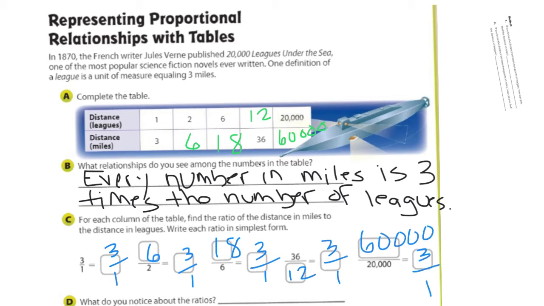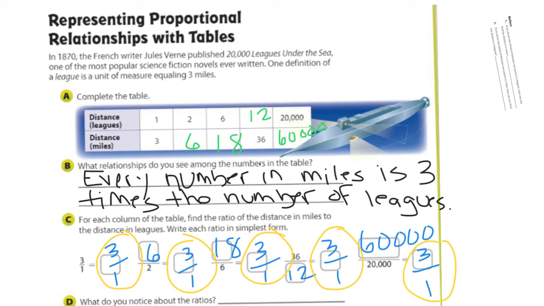Remember, you're writing these as ratios in simplest form. So a ratio compares two numbers. That's why I don't just write a 3 down. It compares two numbers. And then it asks you what you notice about the ratios. So let's look at all these ratios. 3 over 1, 3 over 1, 3 over 1, 3 over 1. And guess what? 3 over 1.